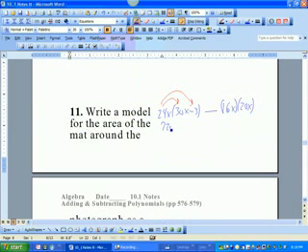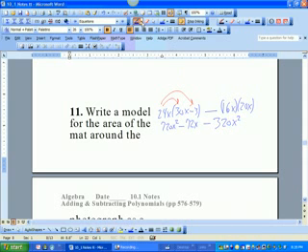So 720x squared, because x times x is x squared. Notice when I'm multiplying, I do add the exponents. When I add and subtract, I leave the exponents alone. Minus 24 times 3 is 72x. Minus, if I take 16 times 20, I get 320x squared.